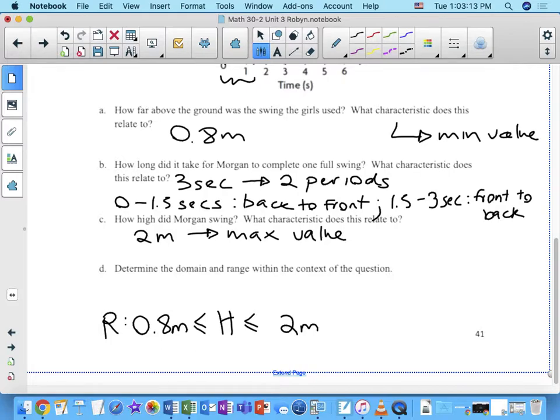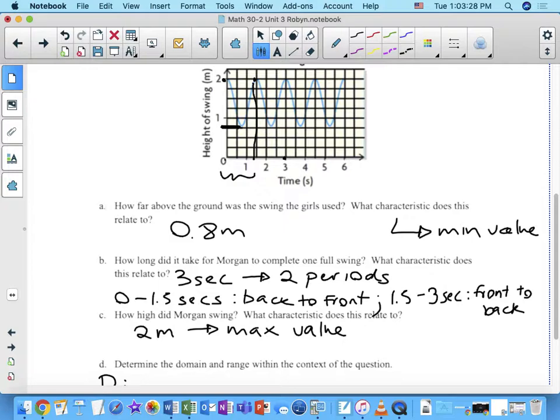For my domain, okay, well, what does domain, the horizontal variable, what does that represent in this context? Time. Okay, well, let's pay attention to this swing. At what time does this little swing ride last? What time does it start? 0. Okay. At what time does this little swing ride end? 6 seconds.